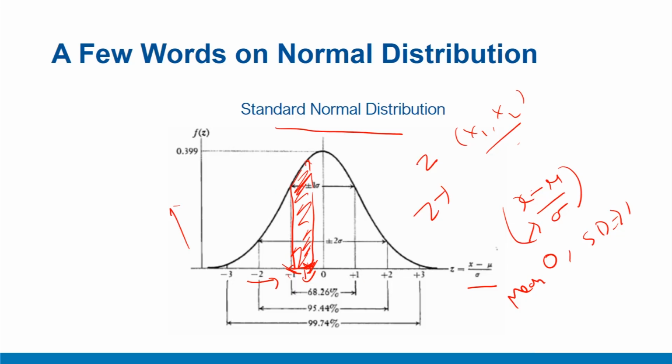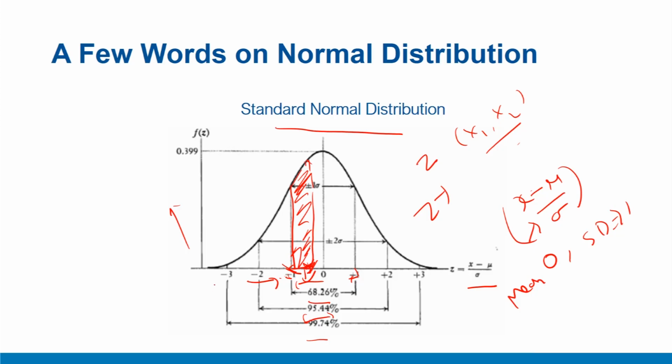For example, from z of -1 to +1, that is in terms of standard deviation, we have 68.26% of returns. Within ±2 standard deviations, 95.44% of the probability will lie, and within ±3 standard deviations we have 99.74%, and this is irrespective of the different returns because this is now in standardized form.